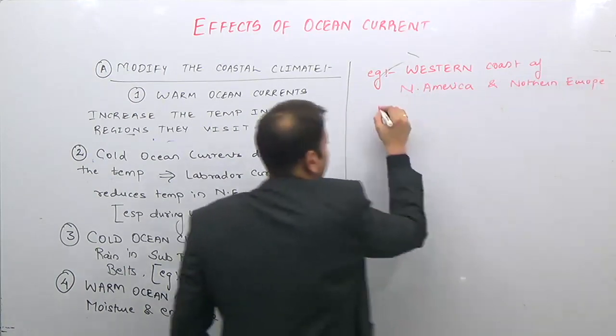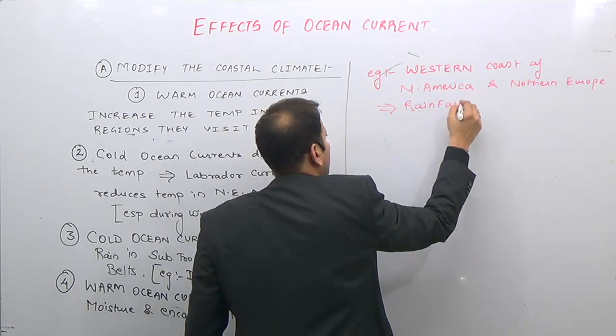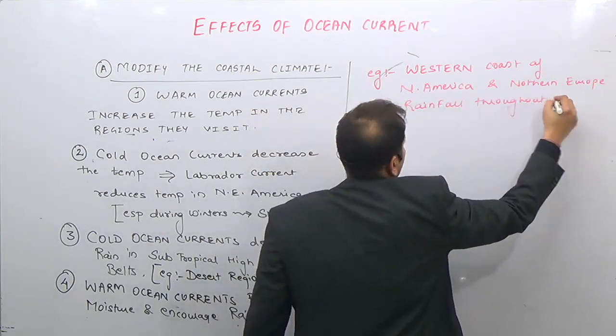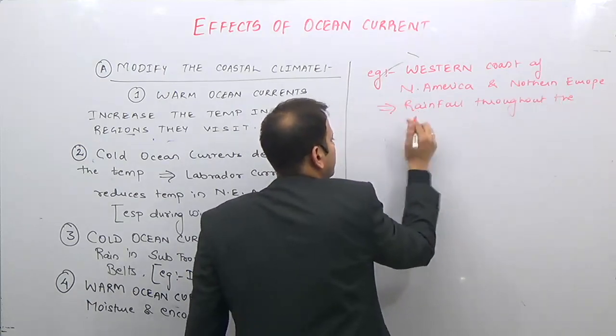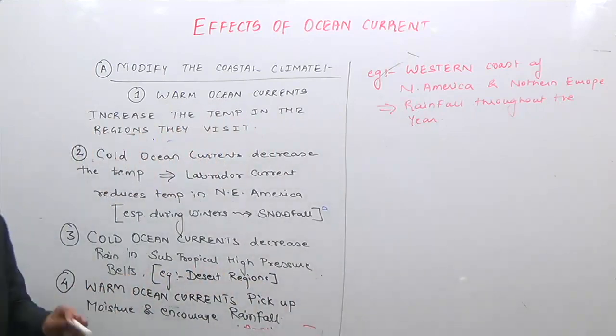They receive rainfall throughout the year because of the effect of an ocean current. So this is the modification of how they modify the coastal climate.